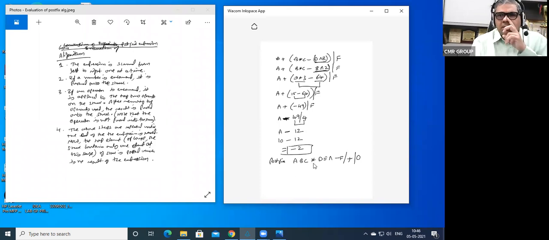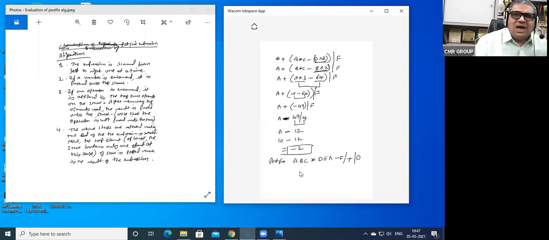And multiplication, exponential, division, plus, minus are all operators. So here only two types of things come in, operand and operator. And the third one which comes is slash 0, that is the end of the expression. So let us look at this algorithm.